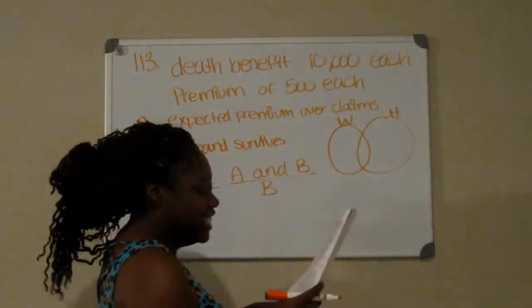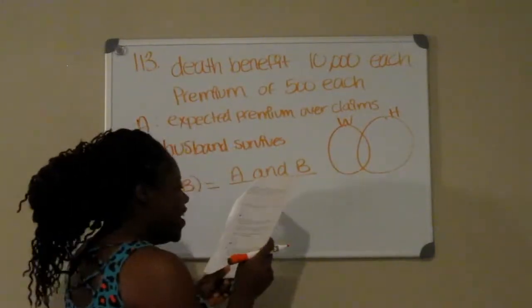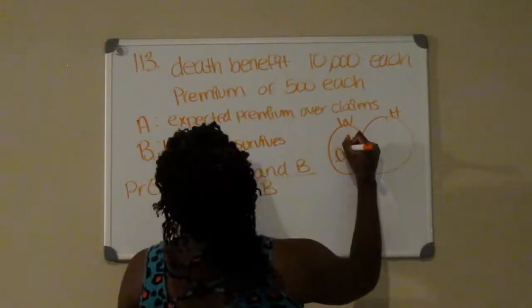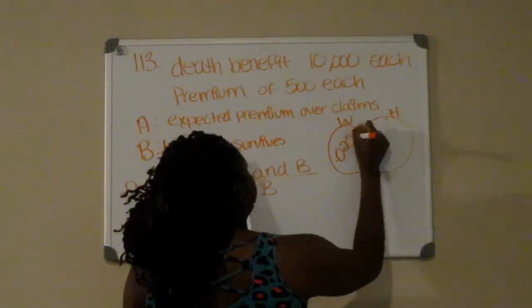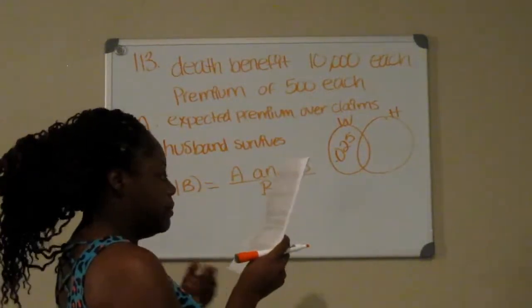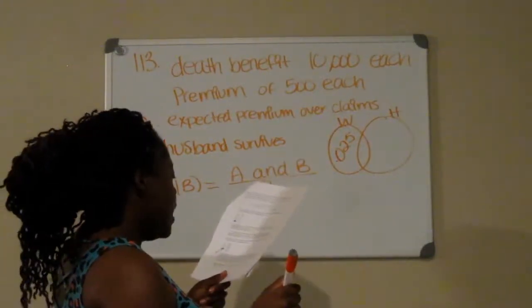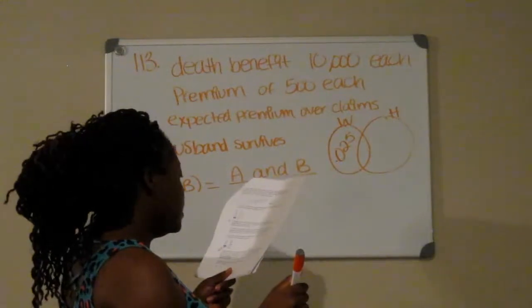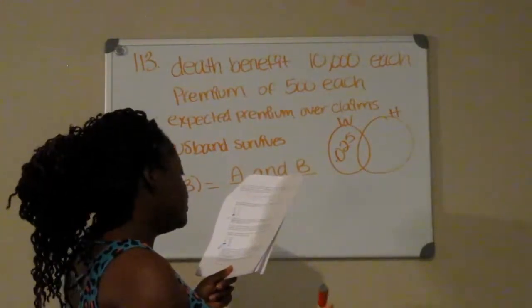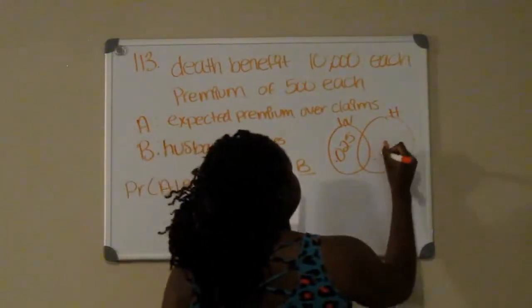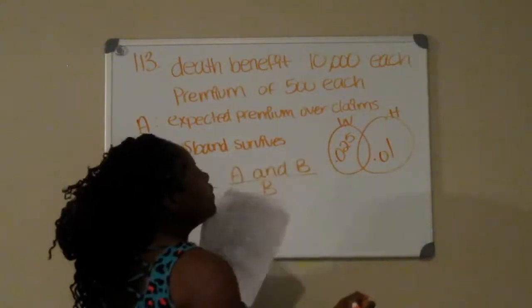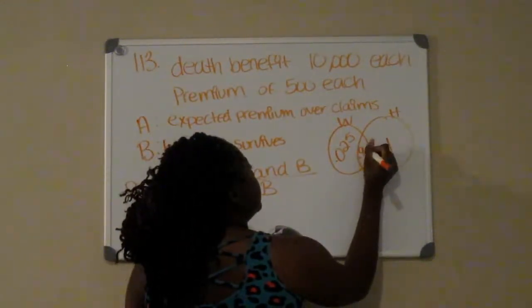So only the wife survives at least 10 years is 0.025. I don't know if these add up to 1. I actually never really went through and did that, but I will. The probability that only the husband survives is 0.01, and the probability that both of them survive is 0.96.